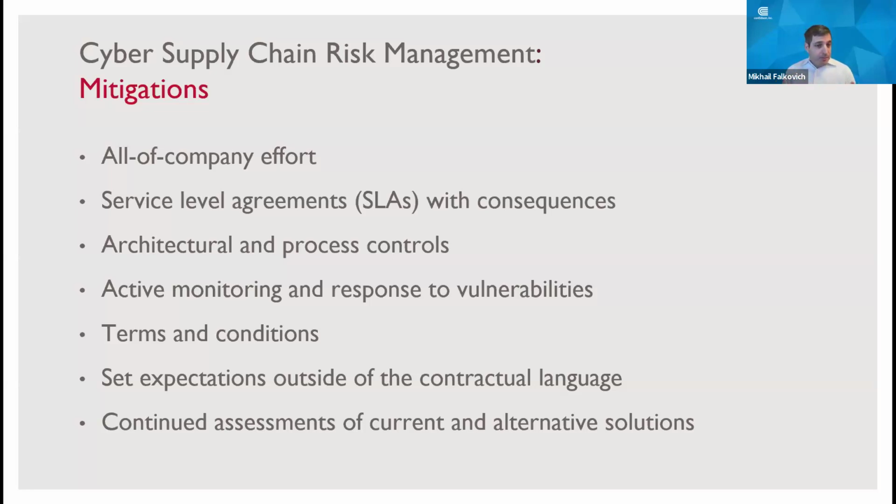And those controls can be both architectural and process. They can be technology controls. They can be procedural. But the idea is we need to assess the risk of that particular tier of service, and then we need to apply the right controls to make sure that we continue to provide those business functions.